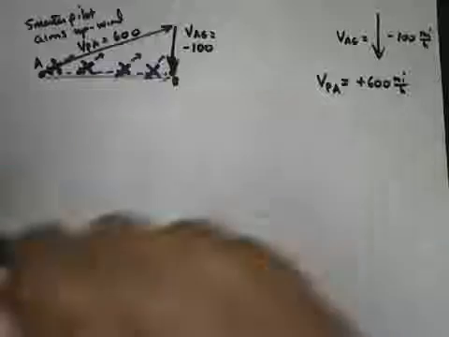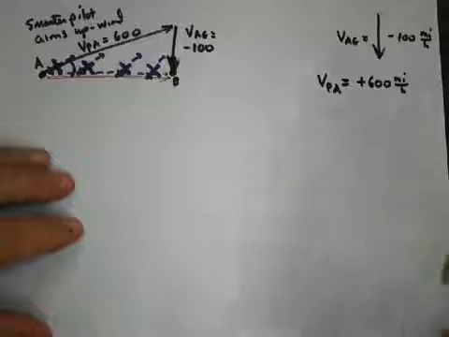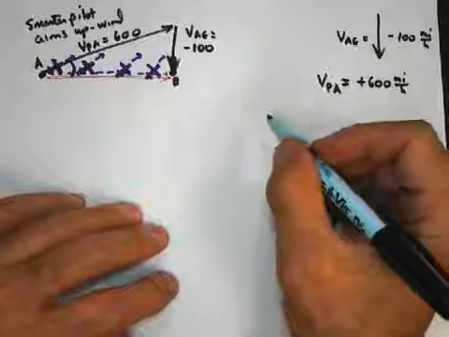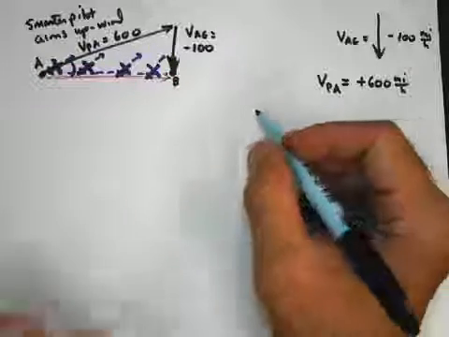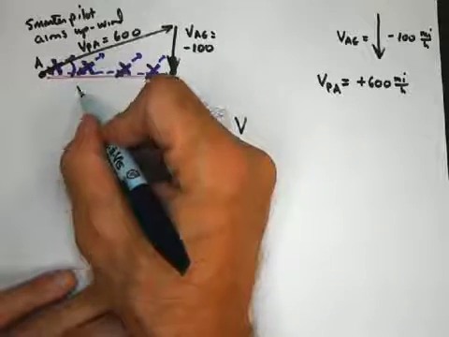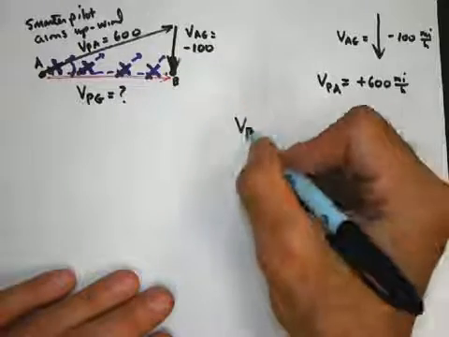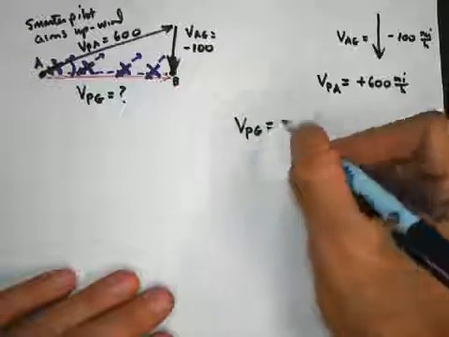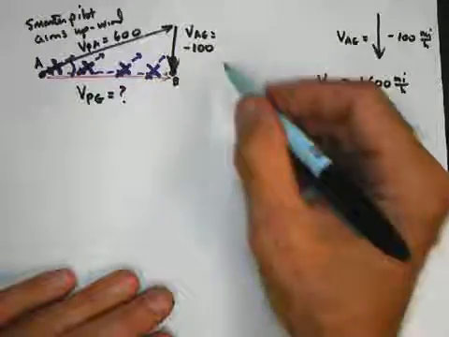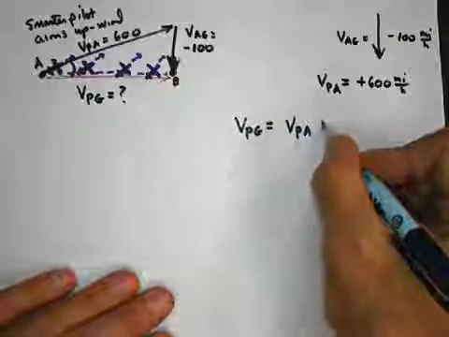So let's use our relative motion formula again and see how that would work. We want to find the velocity of the plane with respect to the ground again. So the velocity of the plane with respect to the ground is equal to, now we see that these two are tail to head, so they add up together to form this resultant here: the velocity of the plane with respect to the air plus the velocity of the air with respect to the ground.